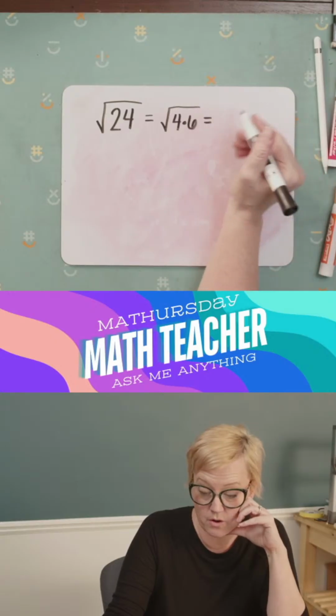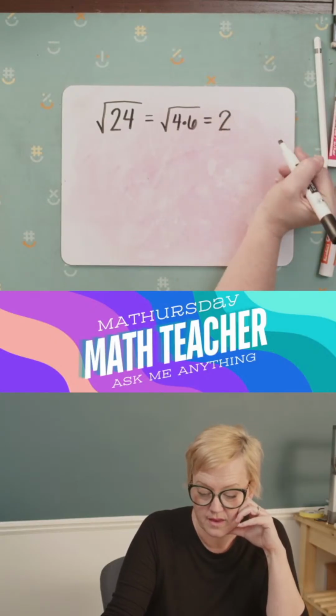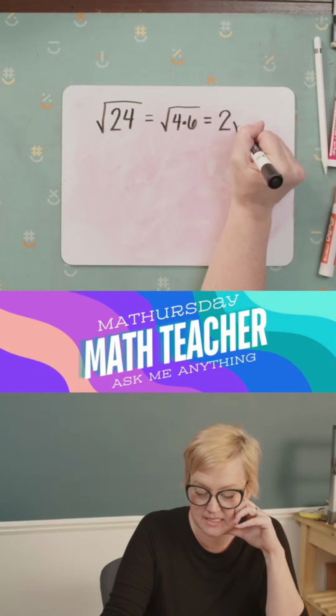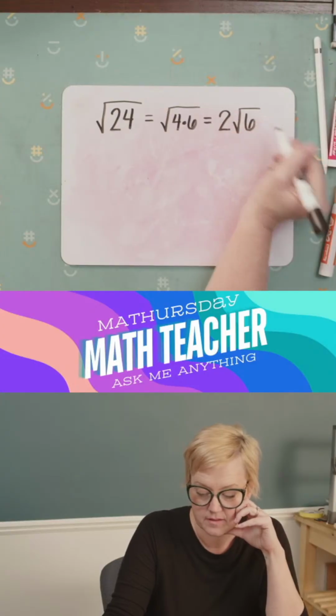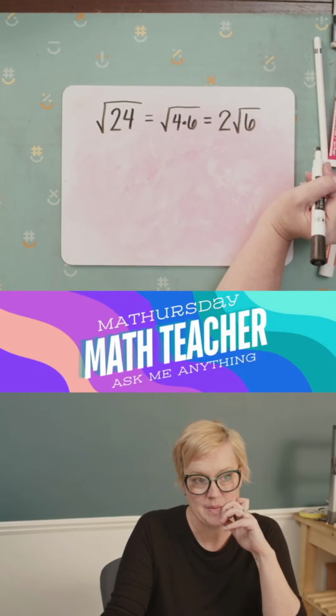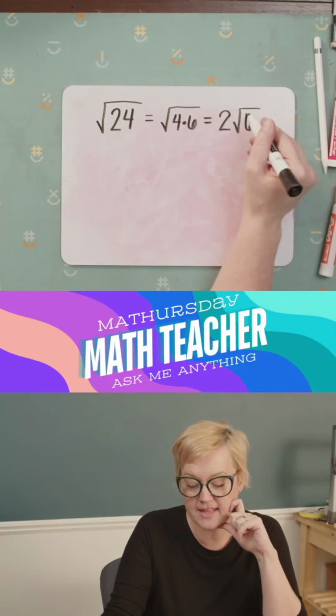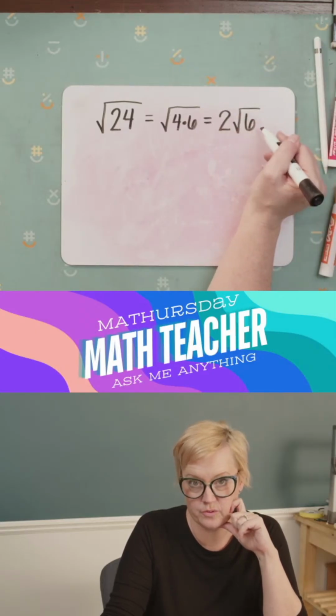I can take the square root of 4, which is 2. I can't take the square root of 6, so that's going to stay as square root of 6. So that's simplified right there as 2 root 6.